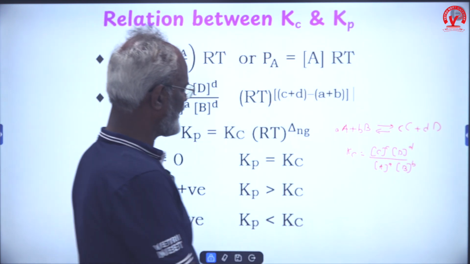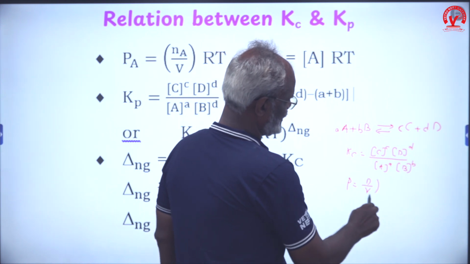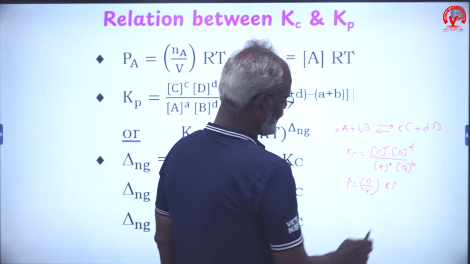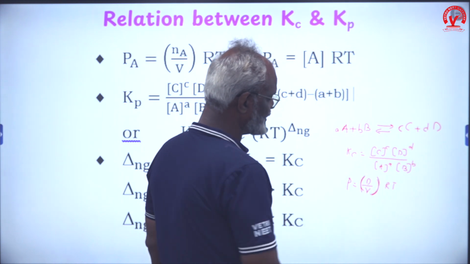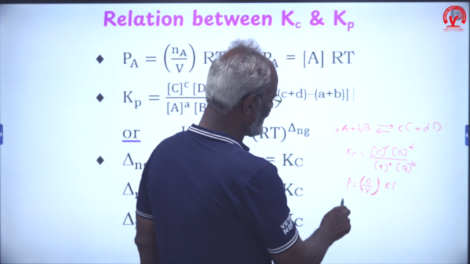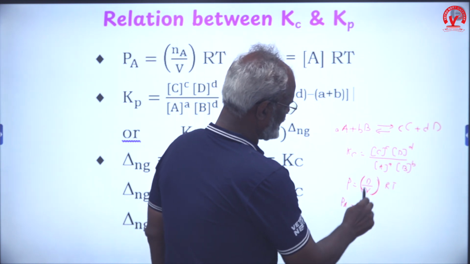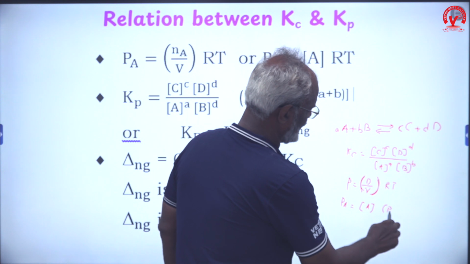For an ideal gas, I can write P is equal to n by V into RT. This is the partial pressure. Here n by V is the concentration, the number of moles per volume. So for PA, I can write this as concentration of A into RT.